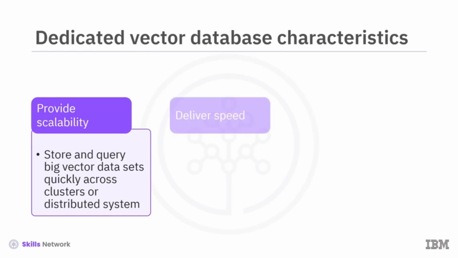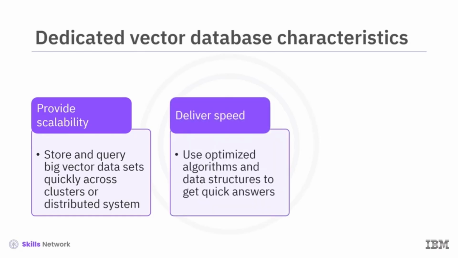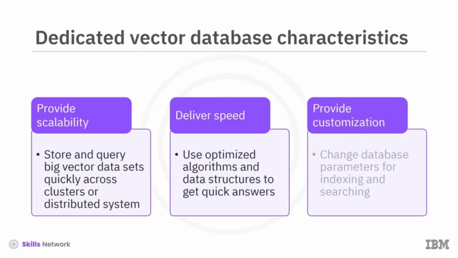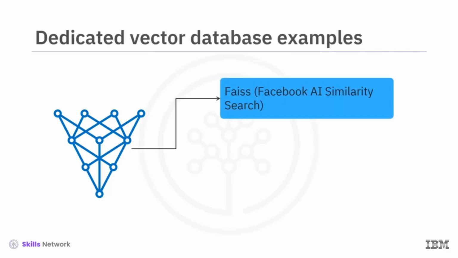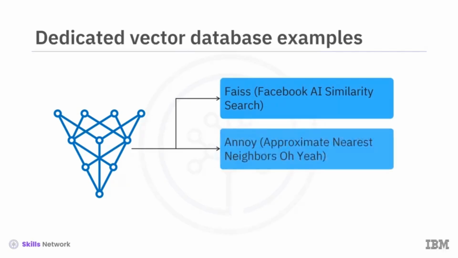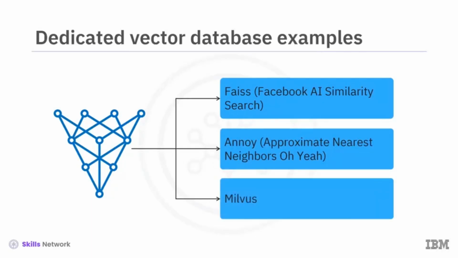These databases put speed first, using optimized algorithms and data structures to get quick answers to queries, even for vector data with a lot of dimensions. And users can change the parameters for indexing and searching to get the best results for certain use cases or types of data. Some currently popular dedicated vector databases include FAISS, Facebook AI Similarity Search, Annoy, Approximate Nearest Neighbors Oh Yeah, and Milvus.